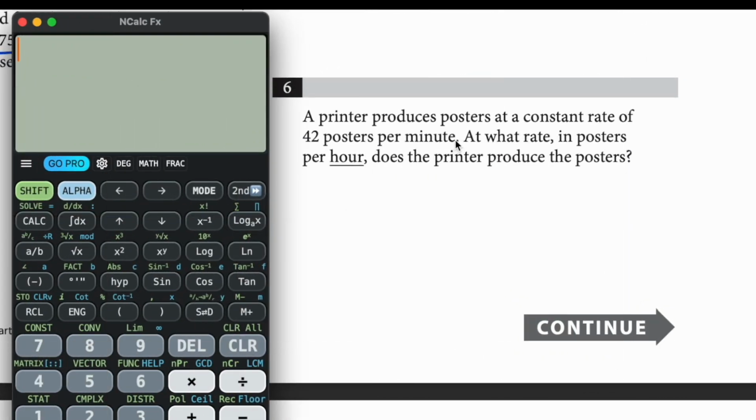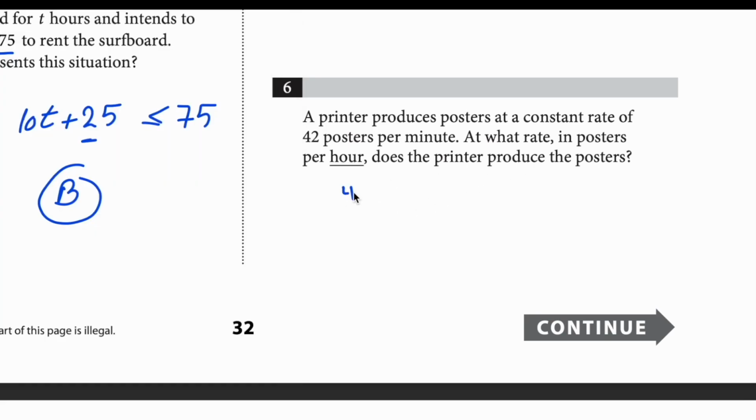A printer produces posters at a constant rate of 42 posters per minute. At what rate in posters per hour does the printer produce the posters? So we have 42 posters in 1 minute.